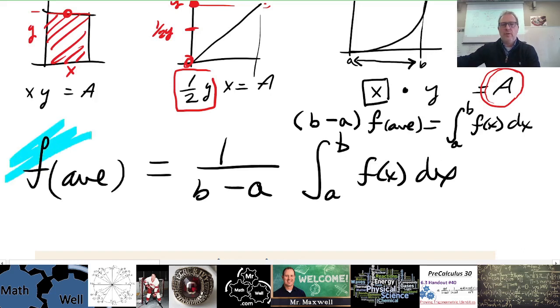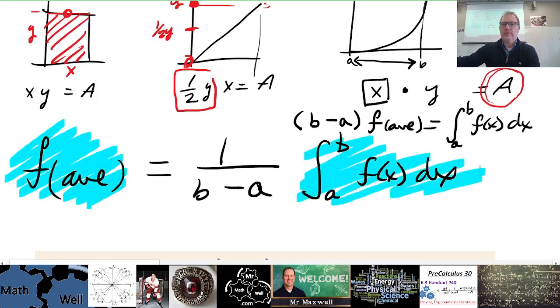So the average y value of the function is the area under the curve divided by the x span, divided by x. And we see that in all these examples. Okay?